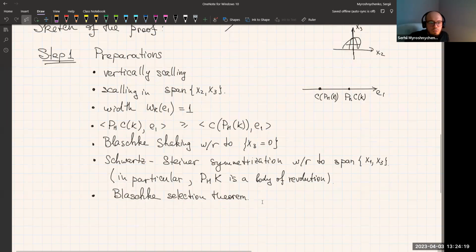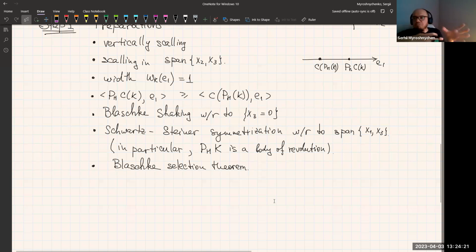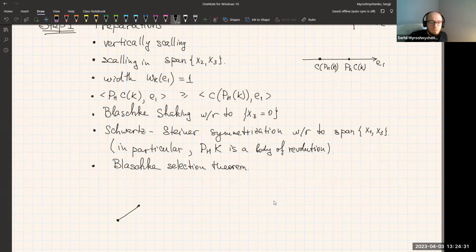So since we're allowed to scale it, as we just discussed, we can agree that inside of our convex body, we can squeeze, first of all, a segment parallel to x2, let's say of length 2. Then this is x2. Then along x1, we agreed that the width is equal to 1, so I can say that this segment is equal to 1.